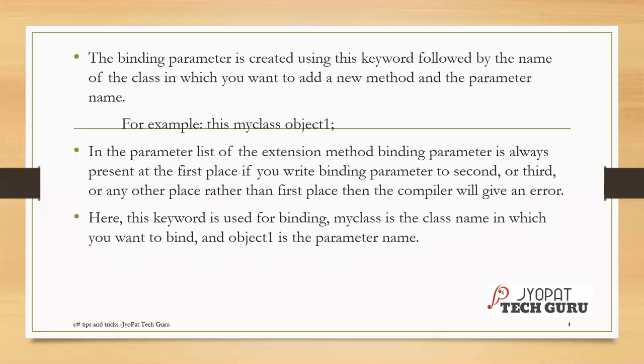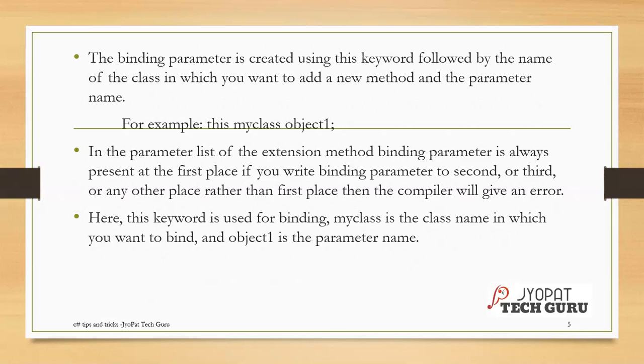The binding parameter is created using the this keyword followed by the name of the class to which you want to add a new method, and the parameter name. Suppose I write this MyClass object1. In the parameter list of the extension method, the binding parameter is always present at the first place.